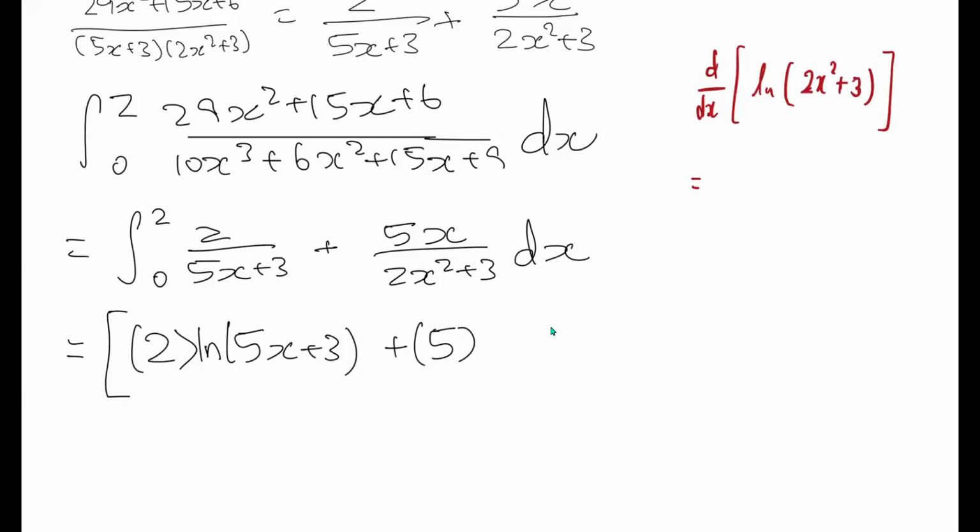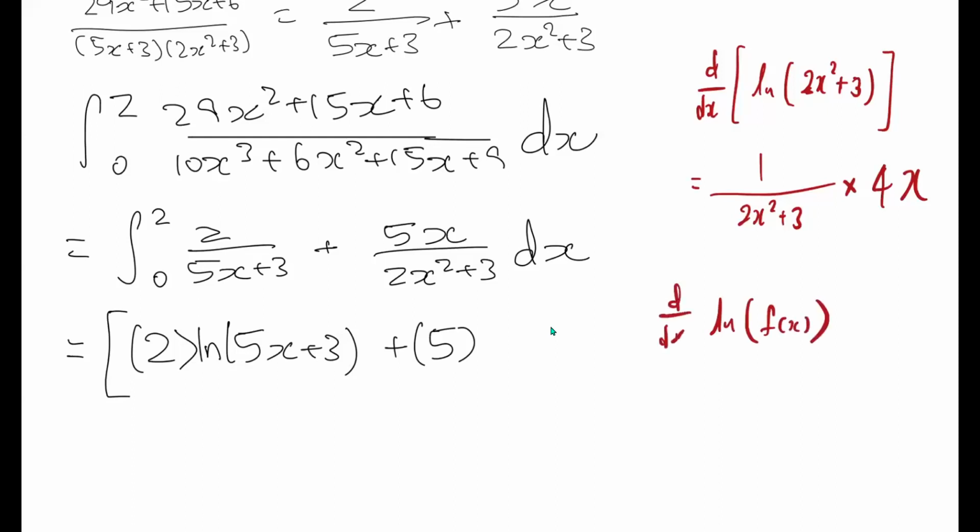You will get 1 over 2x squared plus 3, and you have to times by the chain rule, times 4x, right? Because of the derivative. So in other words, if this was ln of f of x, you differentiate this, what do you get?